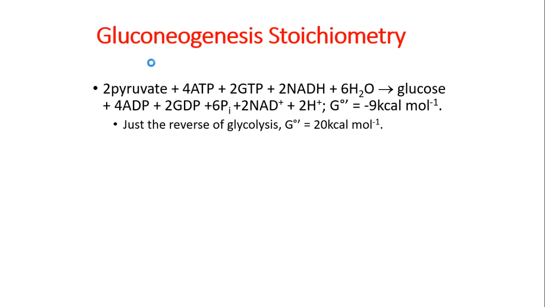So when you talk of the stoichiometry of gluconeogenesis, you need to understand that 2 molecules of pyruvate are used, 4 ATPs are used, and then 2 GTP are used, 2 NADH are used, 6 nucleotide triphosphate molecules in total, to produce 1 molecule of glucose.